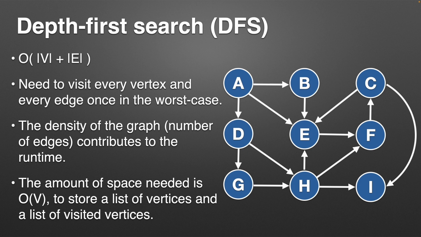So thinking about the runtime of this, the complexity of it, we do this in terms of V and E, where V is vertices, E is edges, and typically you'll see them written with little absolute value symbols or bars around them just to say the size of, so the number of.